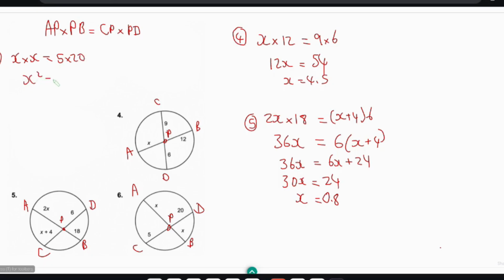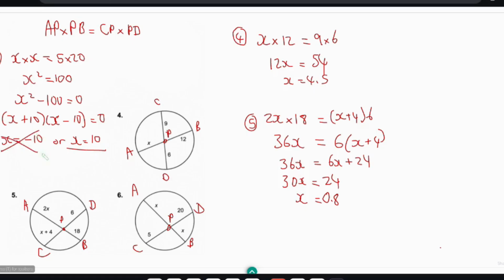X squared is equal to 100. Quadratic, so let's subtract 100 from both sides. Difference of two squares, x plus 10, x minus 10. So x is equal to 10 or negative 10. Got to be 10 though, can't have a negative dimension.